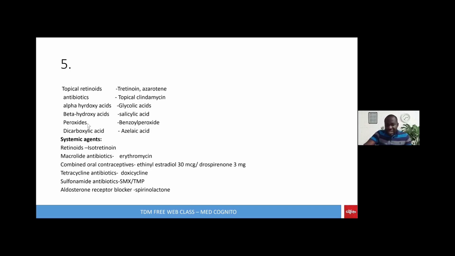Okay, so for the systemic agents, retinoids is also a class, and isotretinoin is a medication agent within that class. Macrolide antibiotics is a class. Erythromycin is a medication agent within that class. Combined oral contraceptives, you can't give that as an answer when the question asks for an agent, because it's broad.